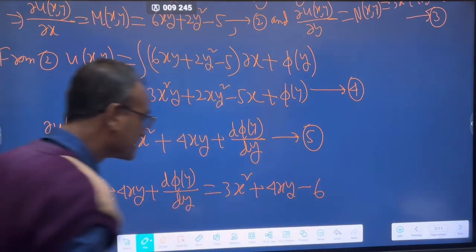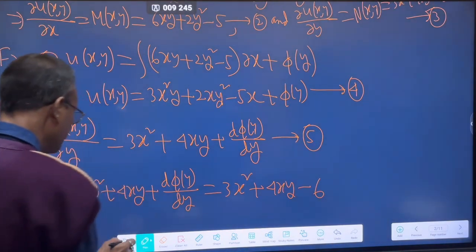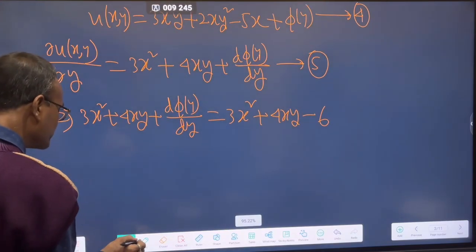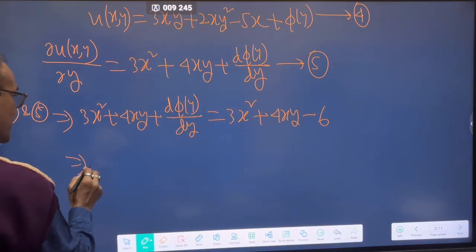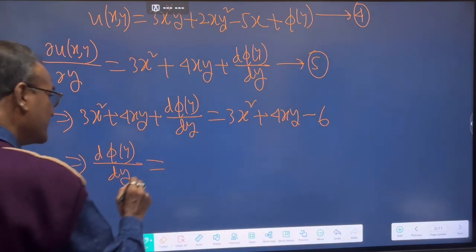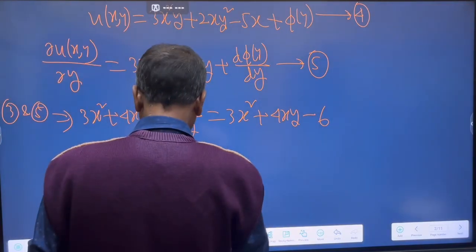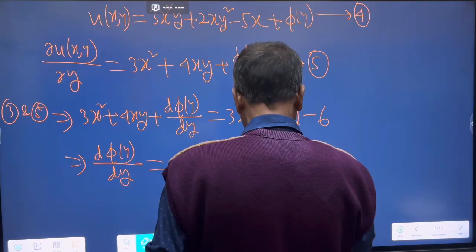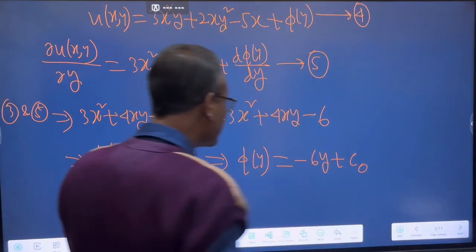This means d phi by dy equals minus 6. This means phi of y equals, integrating this, minus 6y plus a constant of integration.